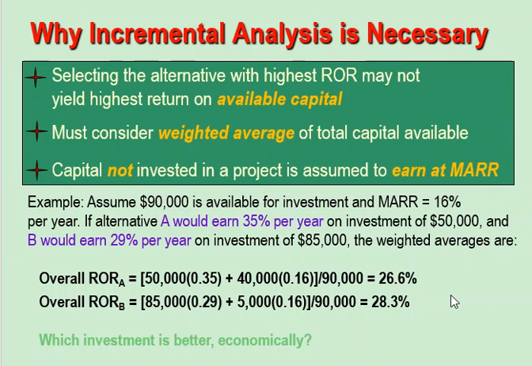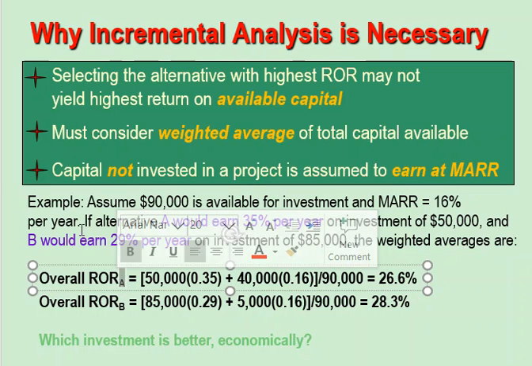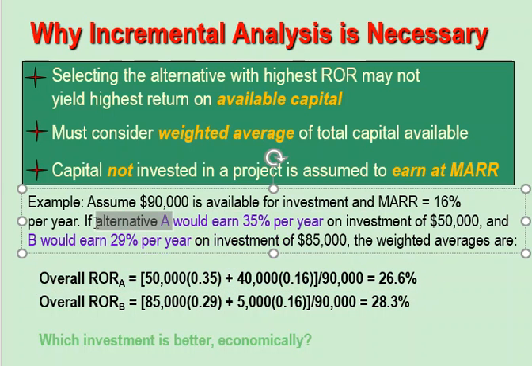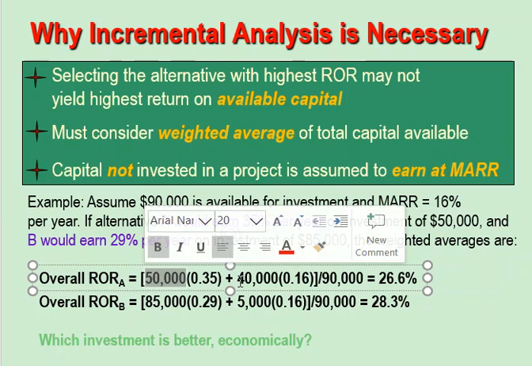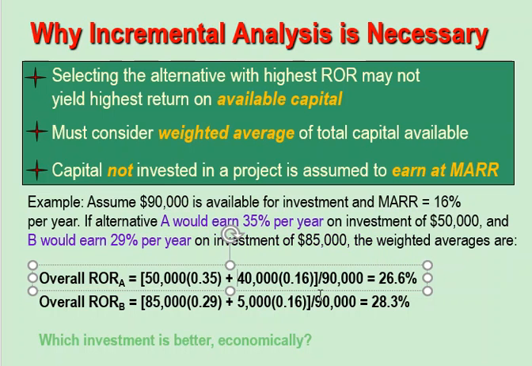So if I want to be precise, I have to say, first alternative, alternative A, we are getting 35% on 50,000 plus the money that remained. How much is the money that remained? It is $90,000 minus the 50, so it is 40,000.